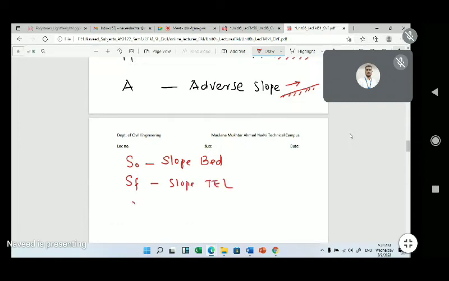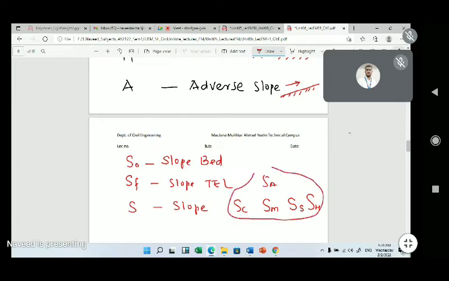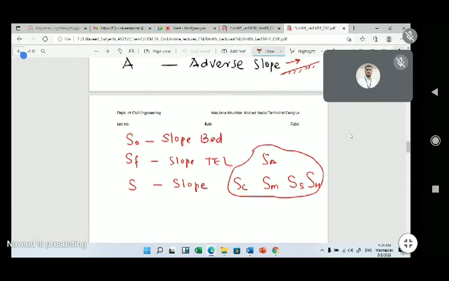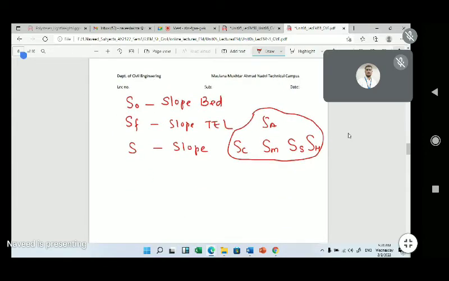If critical slope, it will be SC; mild slope, I will denote by SM; steep slope, SS; horizontal slope, SH; adverse slope, SA. Understood? So based on the conditions, you can decide the slope of bed. That is how we have to make the surface profile.